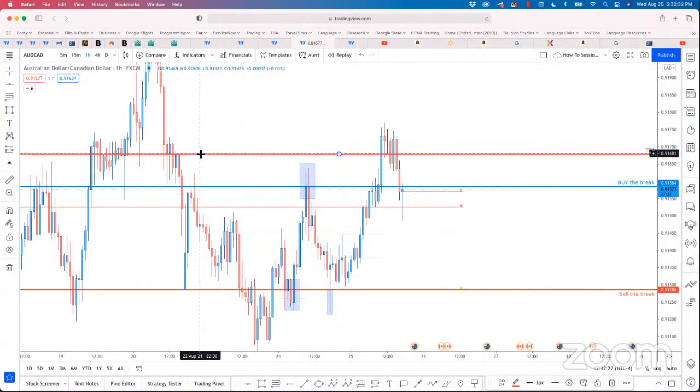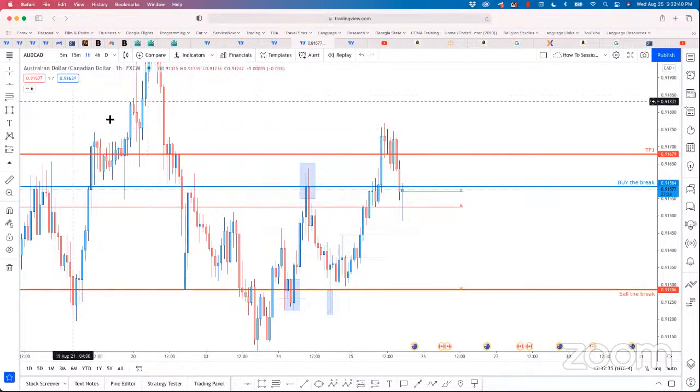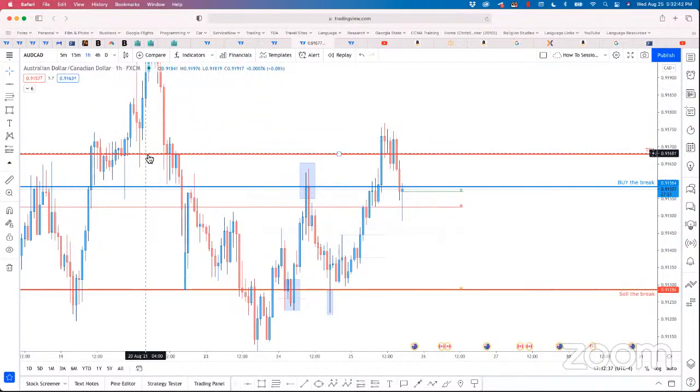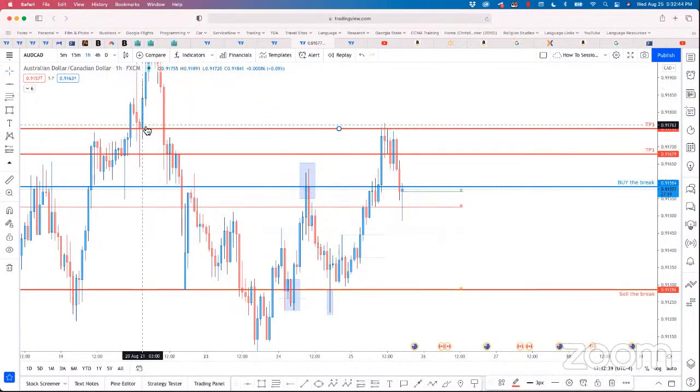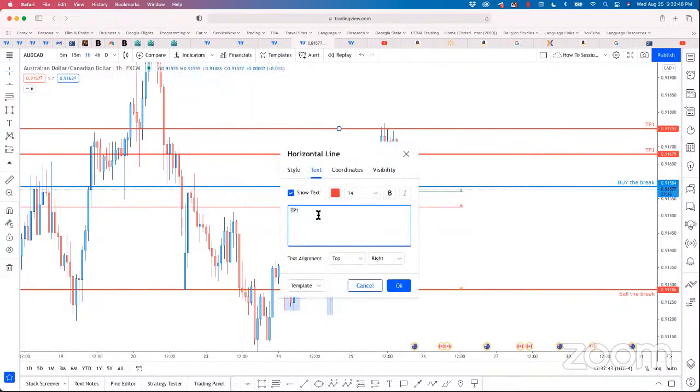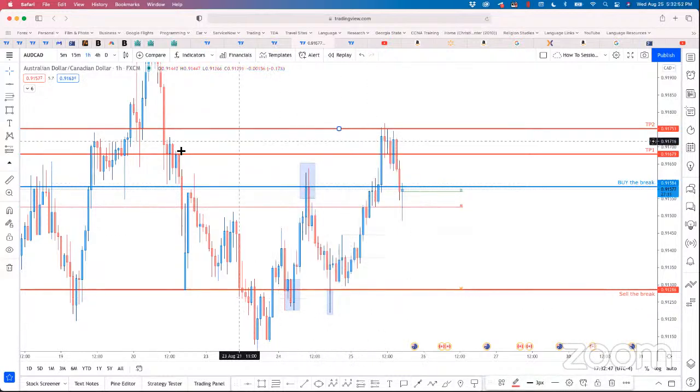If I went to the left, I could use this, but it's short, right? But then this area up to this body looks like a good target right here. So this would have probably been TP2, right? You're looking for areas of rejection. I like to use bodies, wick rejections, and whatnot.